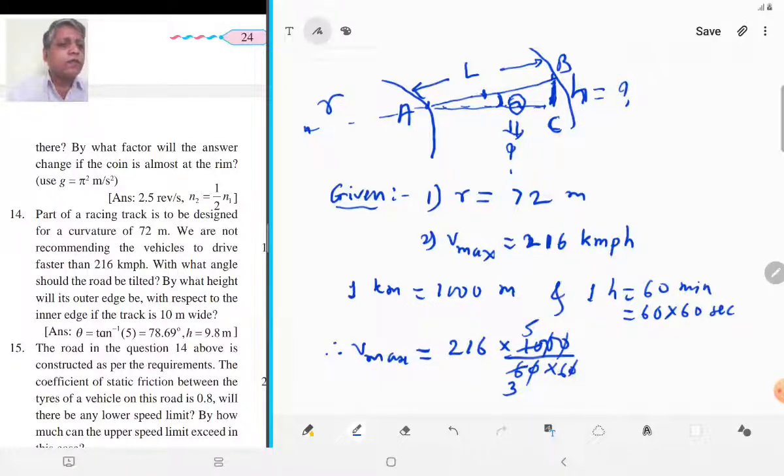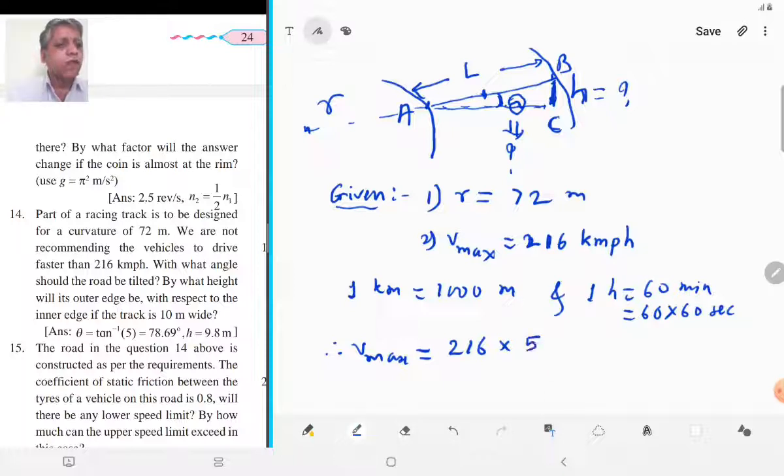Here 6 into 3, that is 18. Therefore we write 5 upon 18.